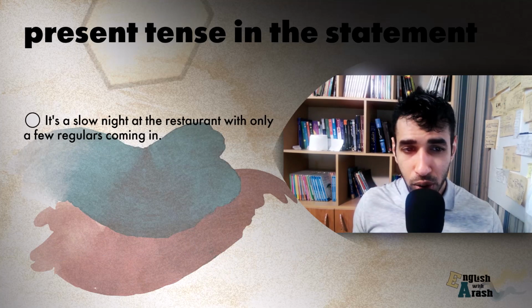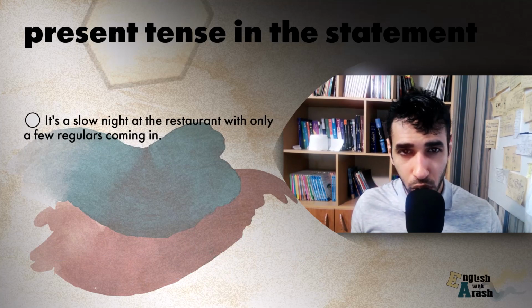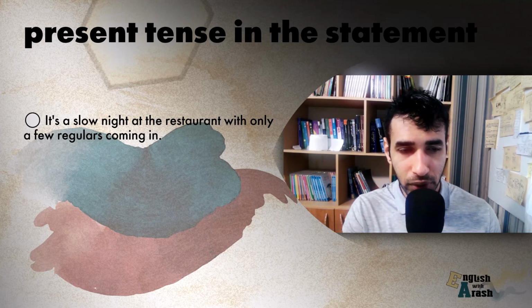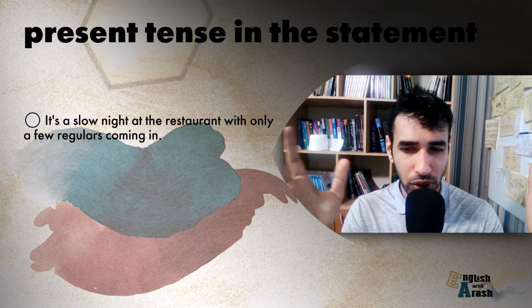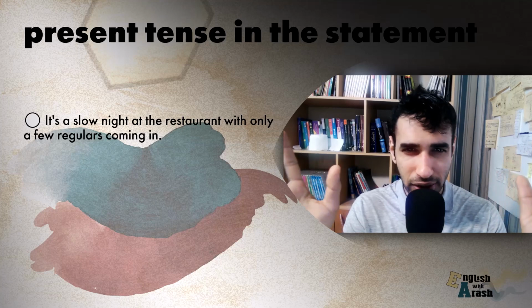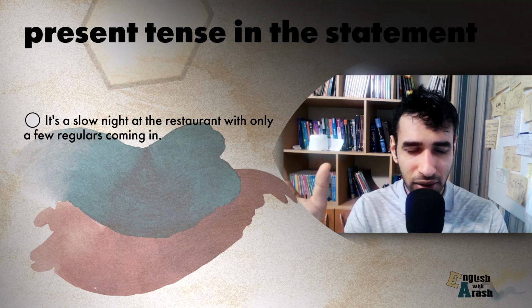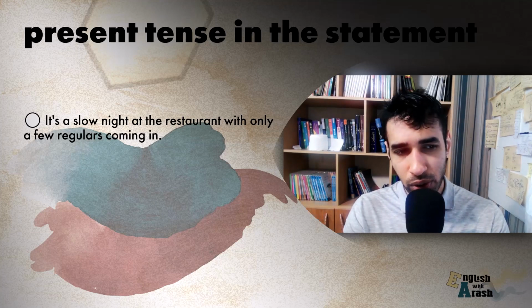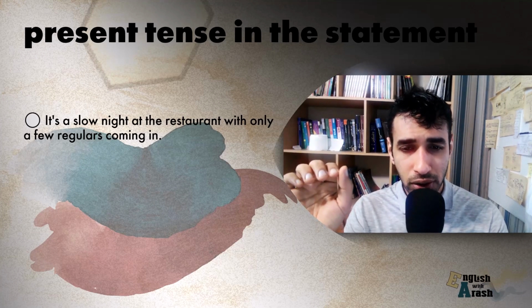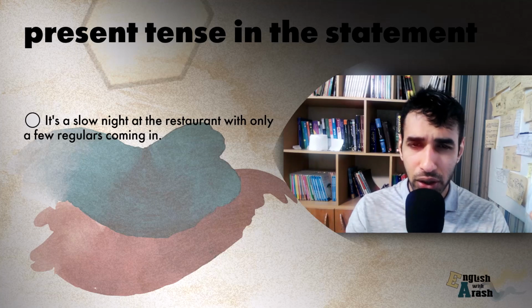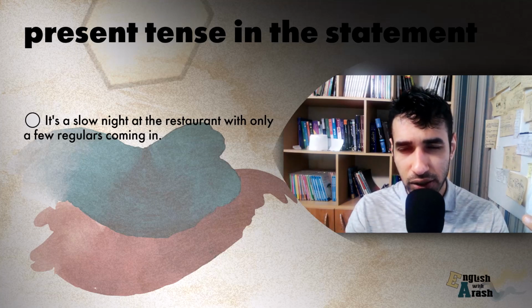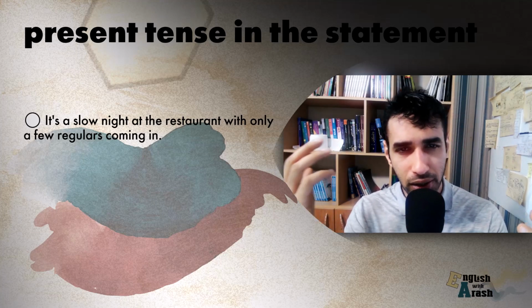It's a slow night at the restaurant with only a few regulars coming in. A slow night means a night when nothing interesting is happening. A boring night. It's a slow night at the restaurant with only a few regulars, fixed customers, coming in.